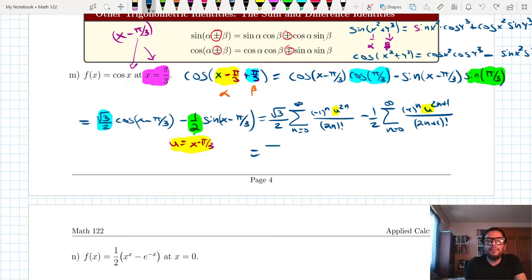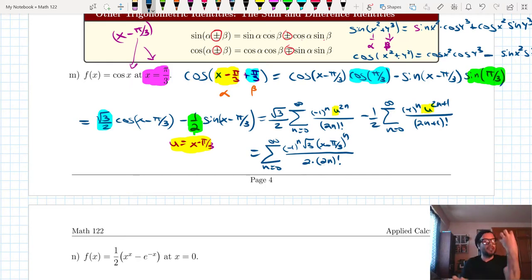Sigma n equals 0 to infinity, negative 1 to the n times square root of 3 times x minus pi over 3 to the nth power divided by 2 times 2n factorial. And be careful, these 2's don't multiply, because the 2 inside the parentheses is protected by the factorial.